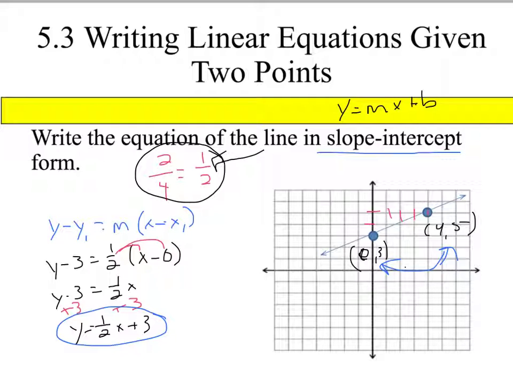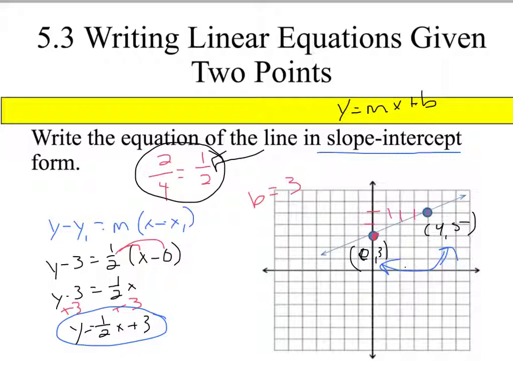In this graph line, do we have our y-intercept? Yeah, we do. It's right here. Okay, it's at 0, 3. So what's our y-intercept? What would our b be? It'd be 3.